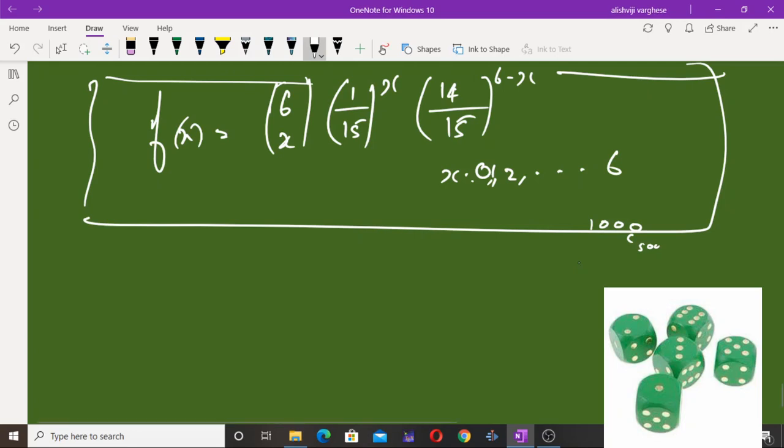That kind of combination makes the calculation too complicated. In that case, we approximate this binomial random variable to a Poisson random variable.